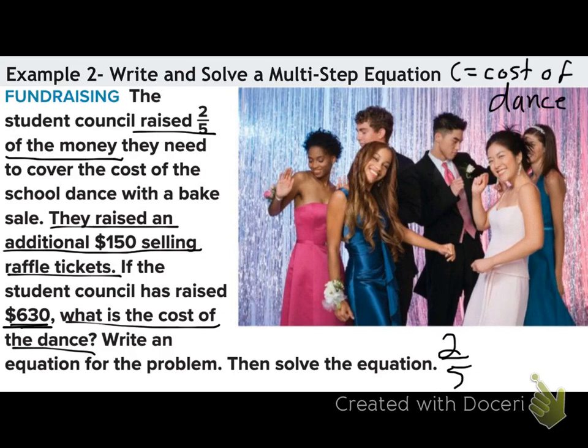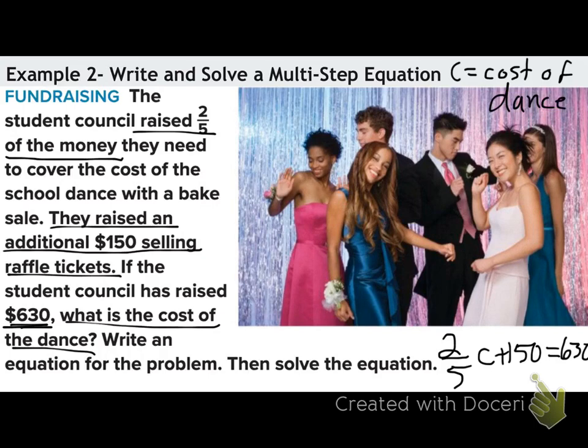Times C. It's 2/5 C plus 150 equals 630.